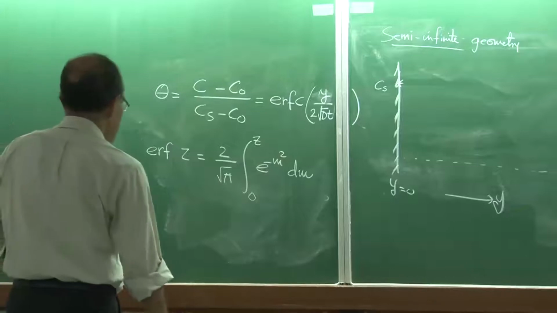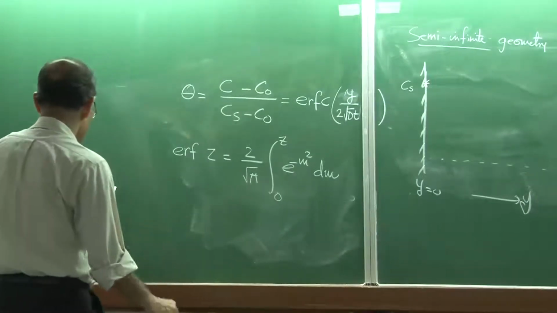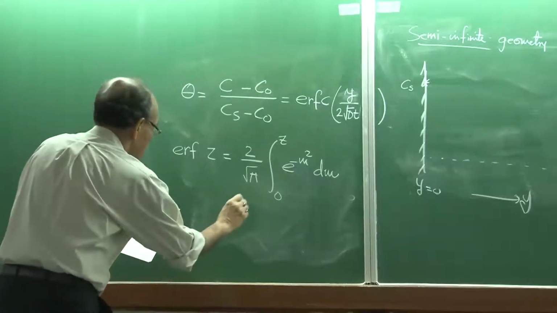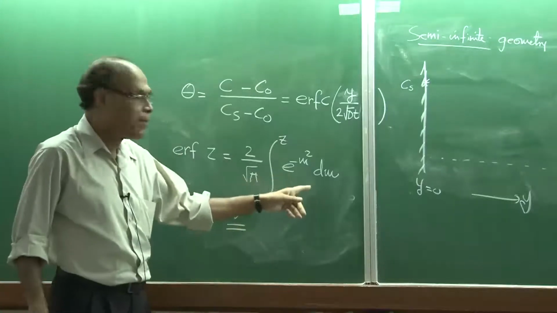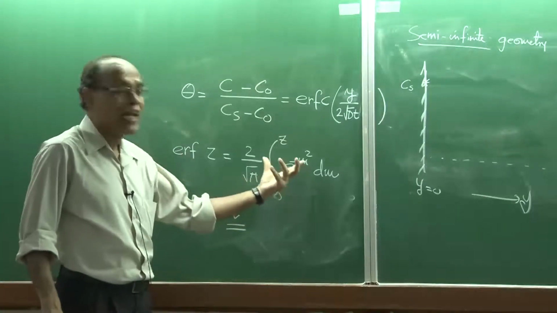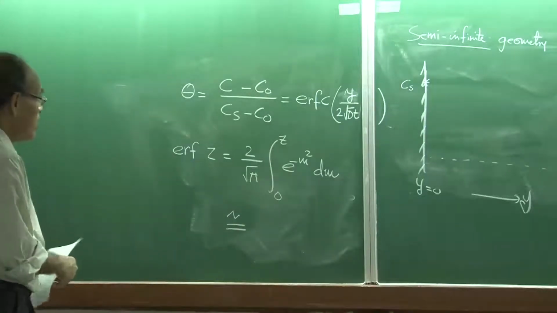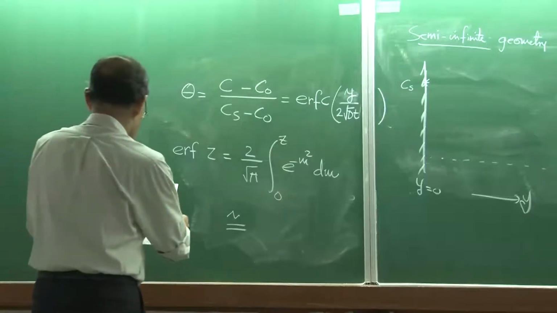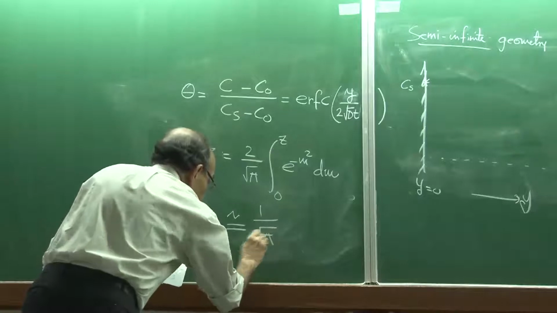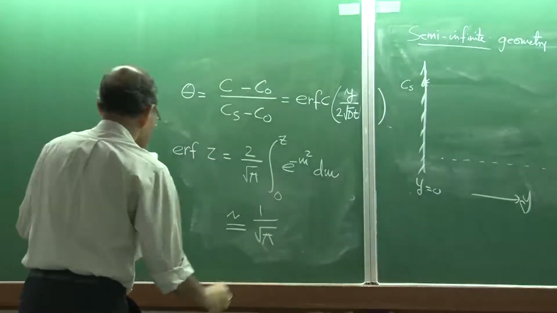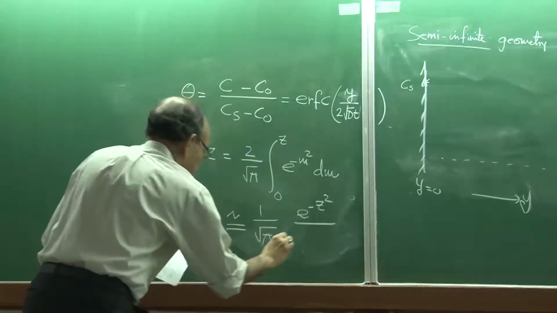Okay. And this can be approximated. These values can be just like a logarithmic table. One can read really. We have an error function table, so you will be able to read the error function z, and this error function z basically can be approximated by 1 by root over pi, and then it is equal to e to the power minus z square divided by z.